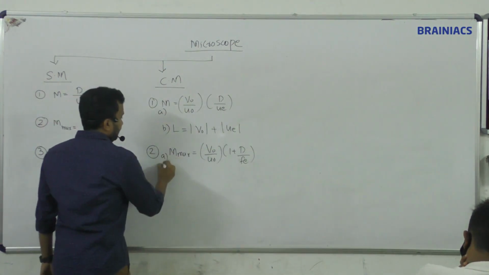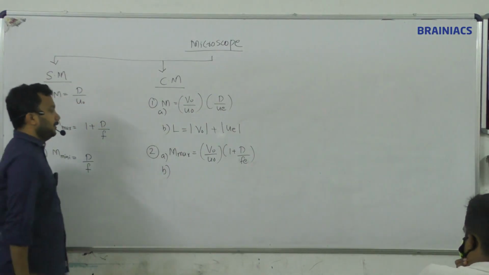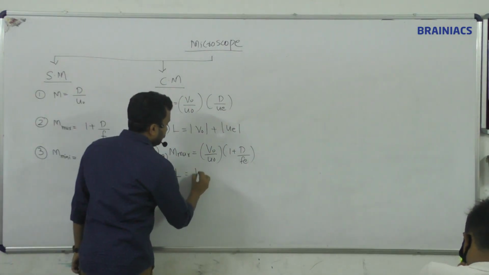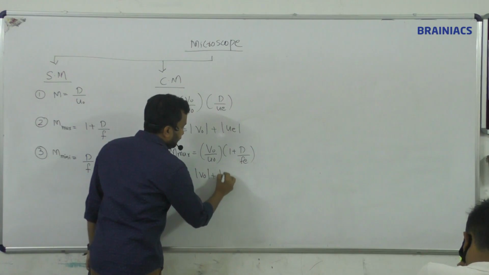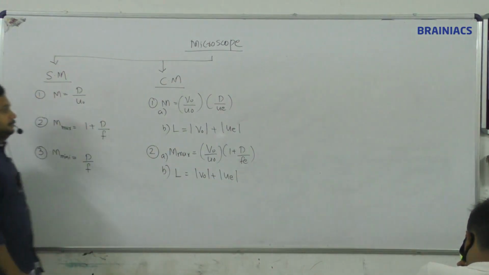Part A and part B. B means length. Length equals the same formula, V0 plus UE. Same.